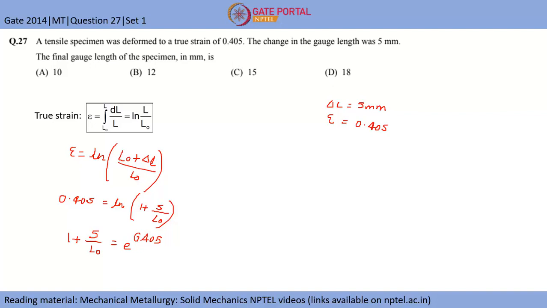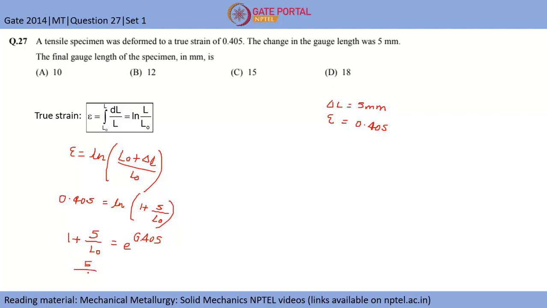Can anyone tell me what will be e raised to power 0.405 if you have a calculator? 1.499. Okay, 1.499.